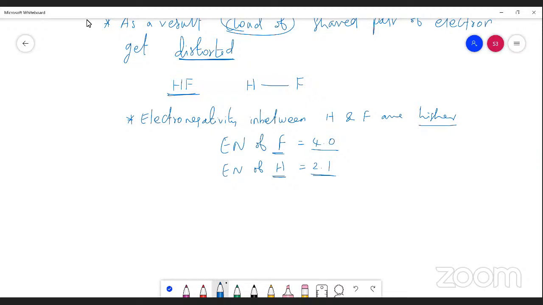So the electronegativity of fluorine is higher than that of hydrogen.